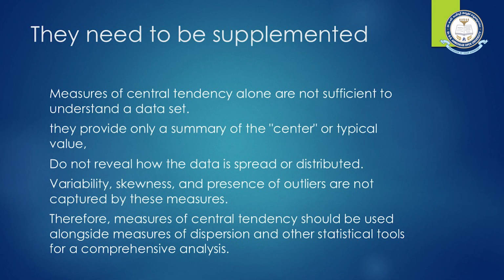So, to understand the spread of the data, we have to calculate the variability in the data set, which is called measures of variation. The second is how the distribution is, whether it is normal or skewed, whether left skewness or right skewness is there.